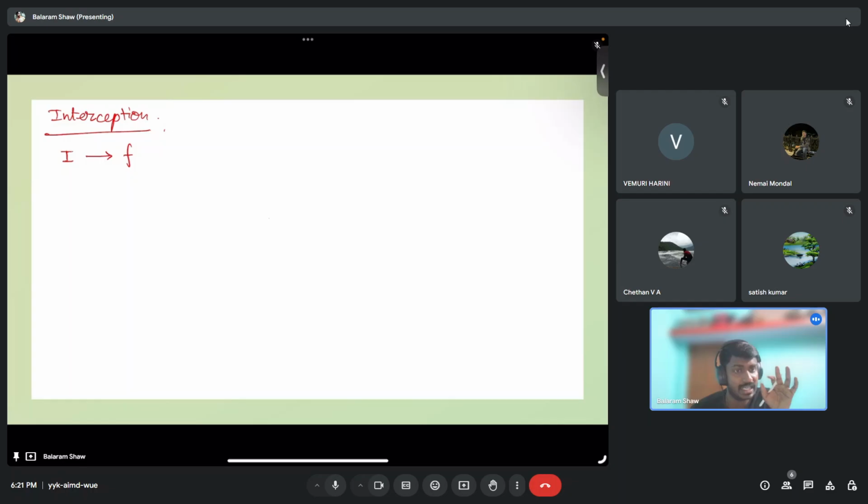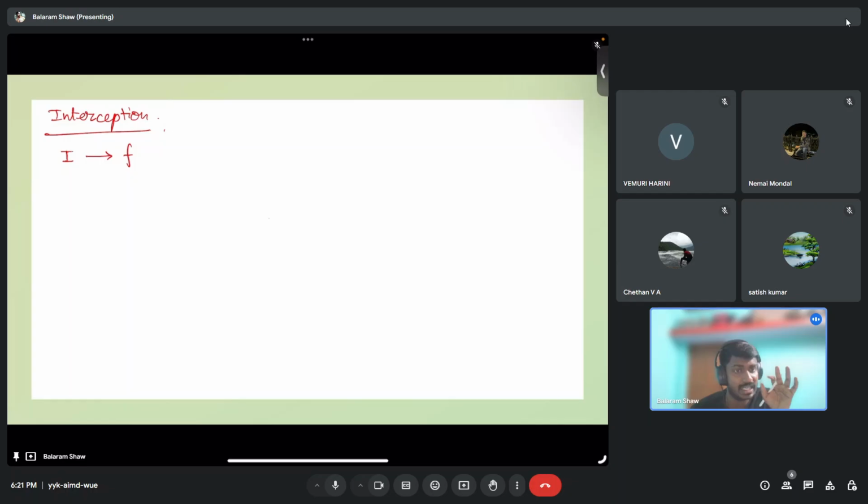So this interception will be because of the canopy loss, or we can say crown loss, plus it can have through fall. So what is this canopy loss, or let's say crown interception loss? The canopy loss, if we say EC, is the amount of water which is intercepted by the crowns. Crowns as in, if a tree is there, the upper part is called the crown.